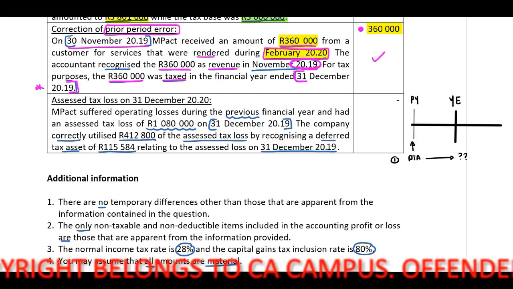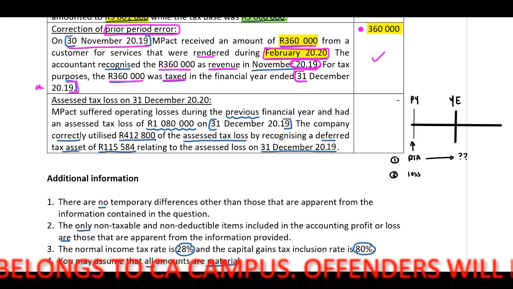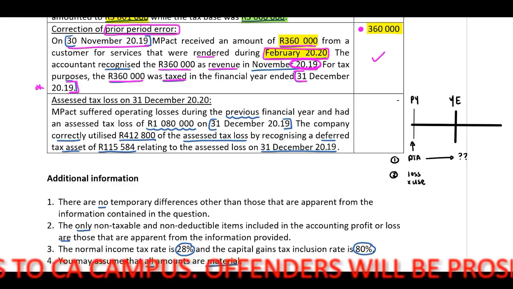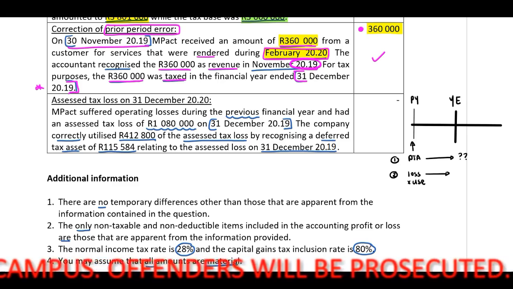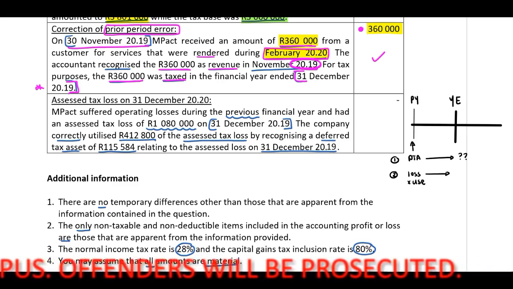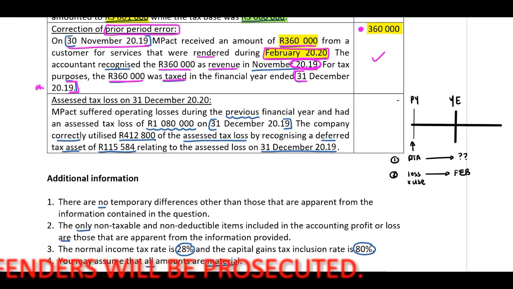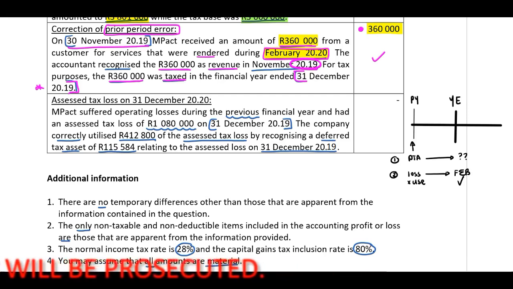Okay. Then the second principle, if we had a loss in the prior year, but we did not use the loss, we did not recognize the deferred tax asset, the standard indicates to us that in the following year, if we are able to identify that there will be future economic benefits to be able to use that loss, we may now recognize that loss and use the loss.